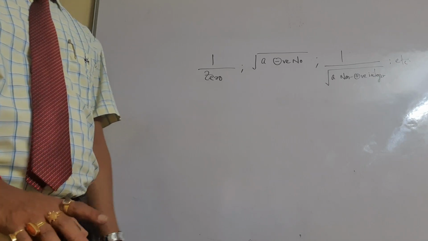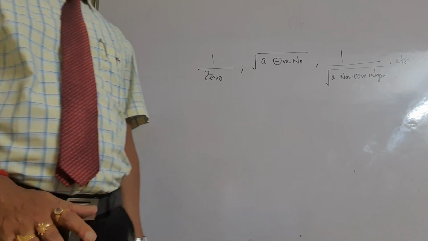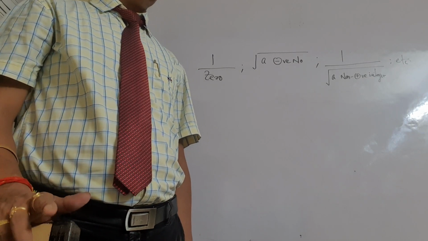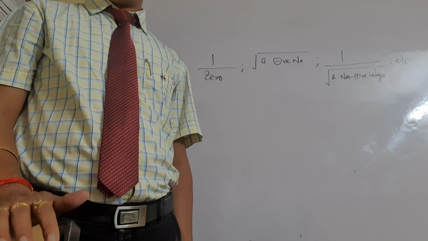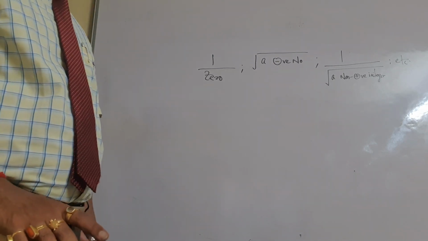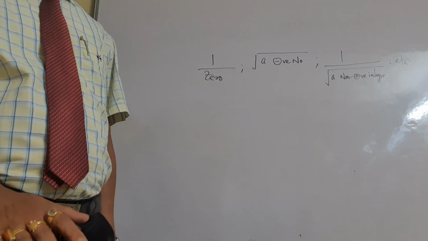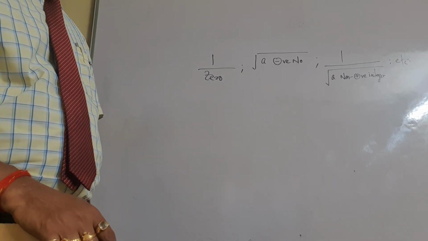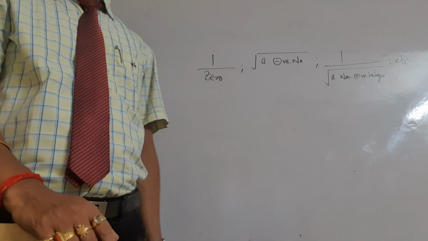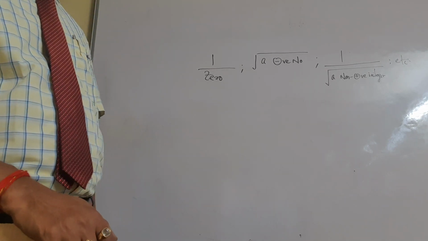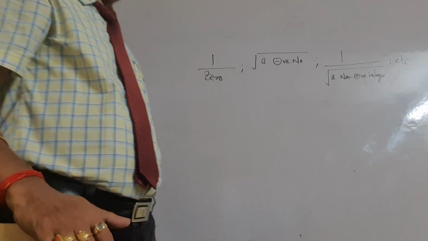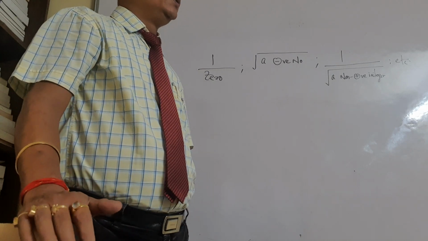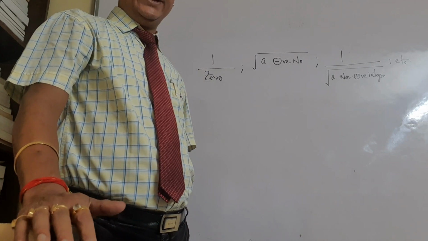Step number 2: the set of real numbers excluding those obtained in step 1 is the domain.